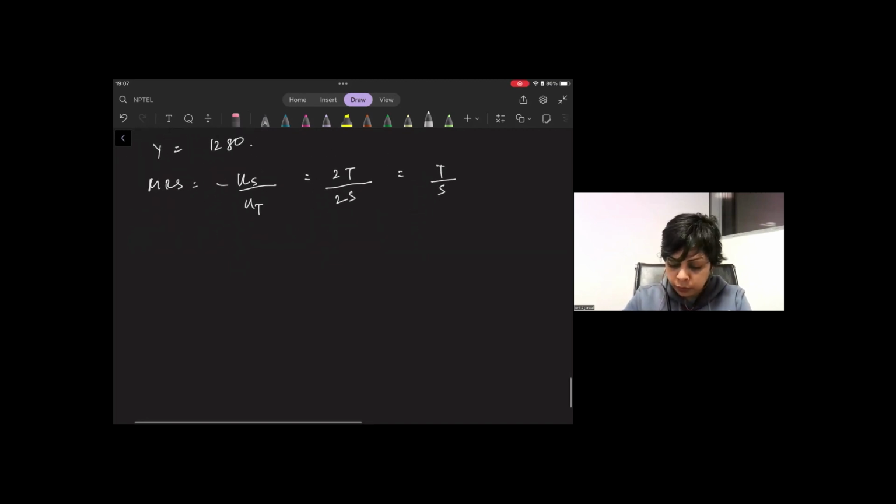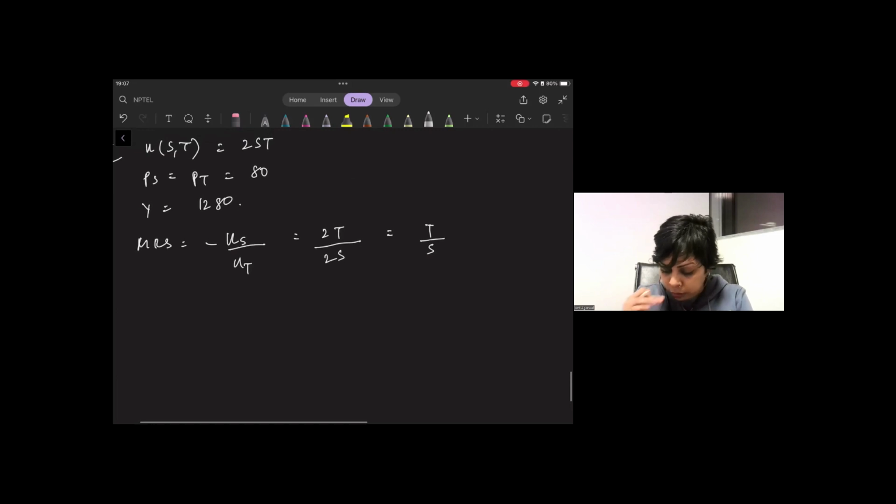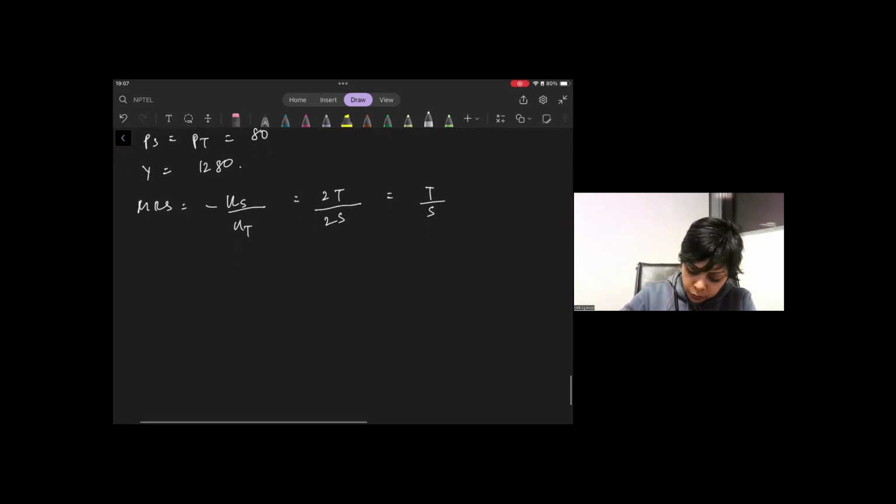Next is the, sorry, where is the question? Yeah, we need the optimal bundle. So now let's write the budget constraint also.